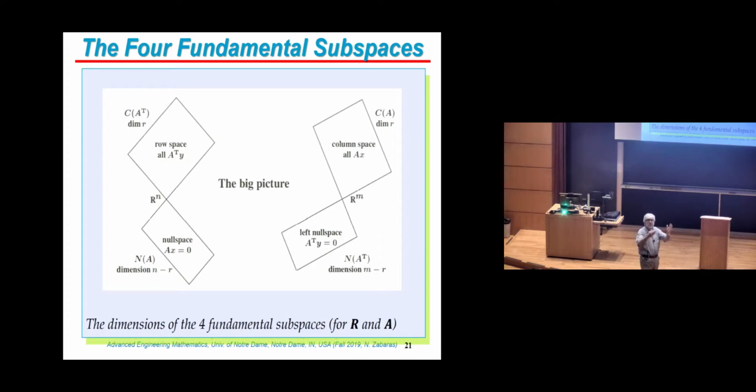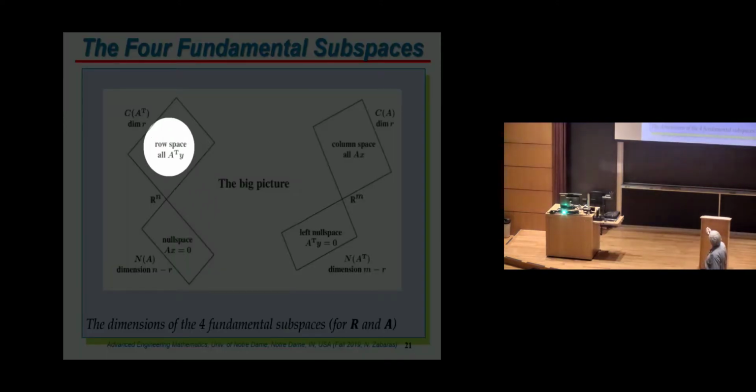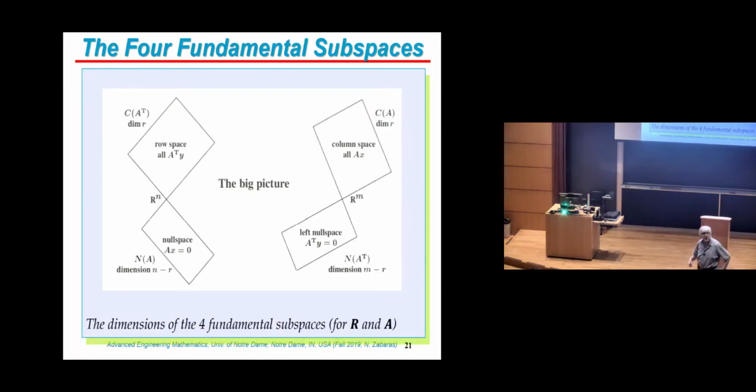They are both subspaces of Rn, but as we will see in a forthcoming lecture, they are what subspaces? Orthogonal. So if you take one vector in this space and one vector in that space, and you take the inner product, it's going to come to be 0. And if they're orthogonal, together they make the whole of Rn. Okay?